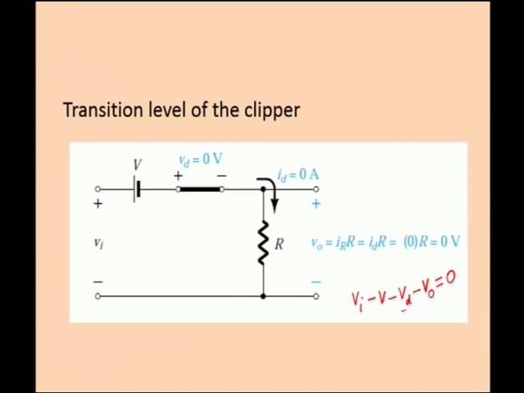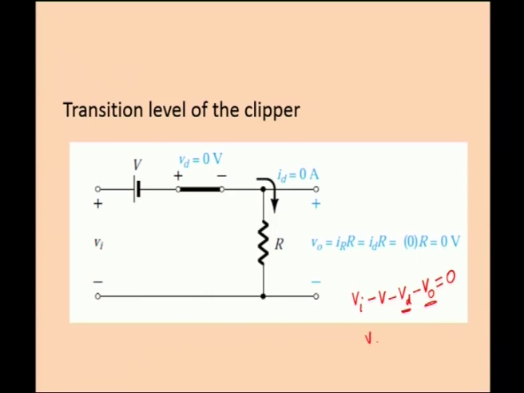Here we know that Vd equals 0 and Vout is equal to 0, because these are the ideal conditions. Vd is 0 and Id is 0, so Vout is equal to 0.